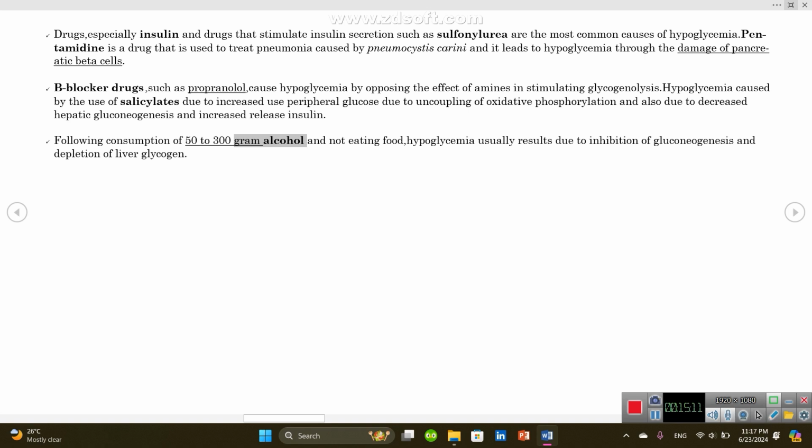Following consumption of 50 to 300 gram alcohol and not eating food after it, hypoglycemia usually results due to inhibition of gluconeogenesis. Gluconeogenesis is a pathway which produces glucose for us, and alcohol inhibits it, and also causes depletion of liver glycogen.